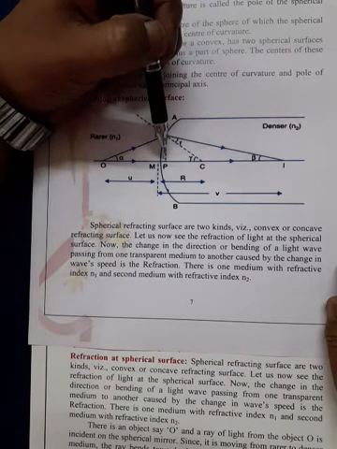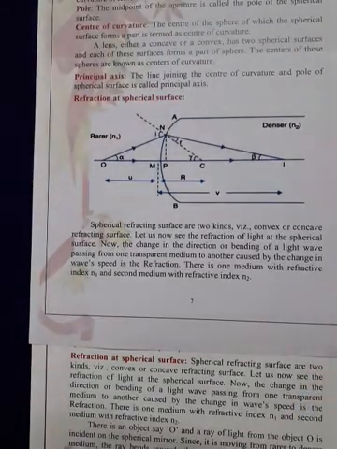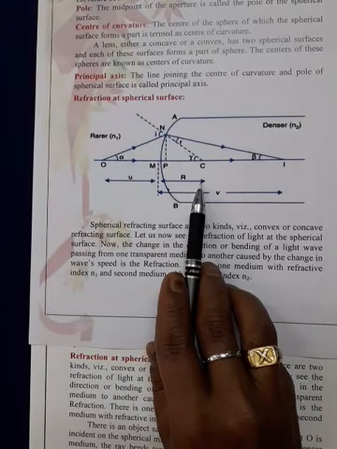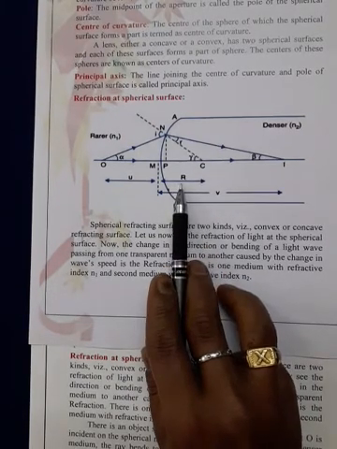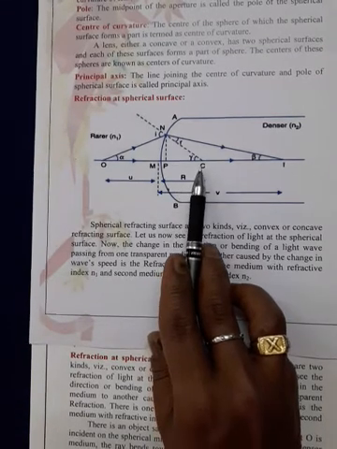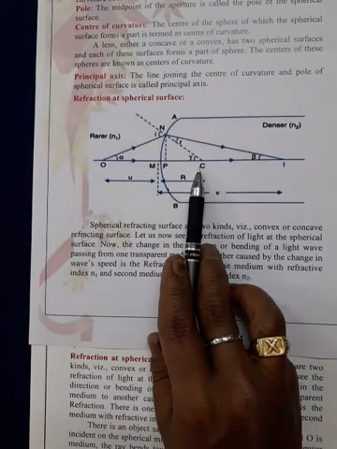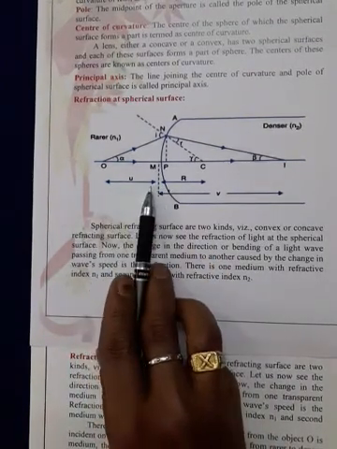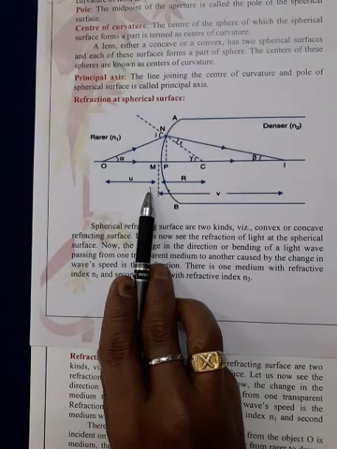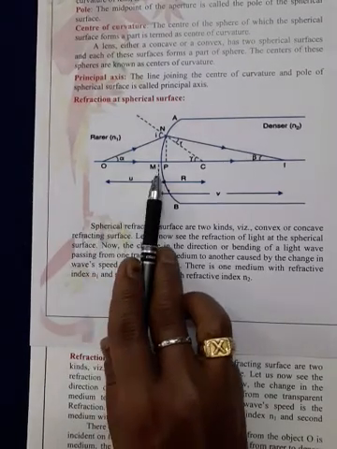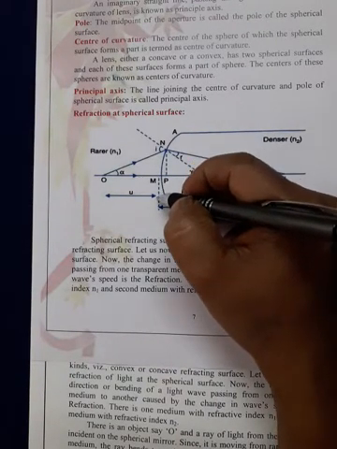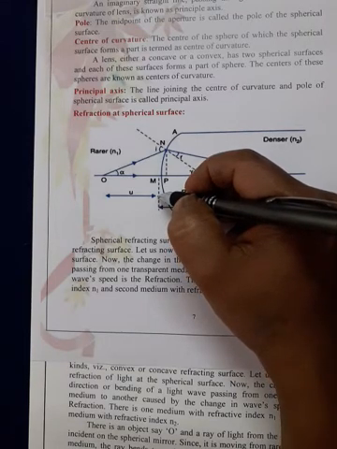An image is formed, and the radius of curvature of the spherical surface is, say, R, with center C. Let U be the object distance from the pole of the spherical surface, that is from this point, and V the image distance from the pole of the spherical surface.